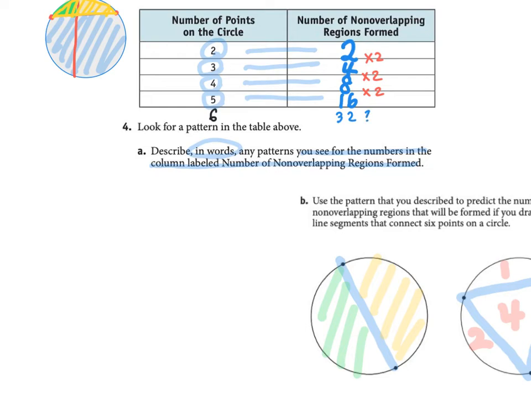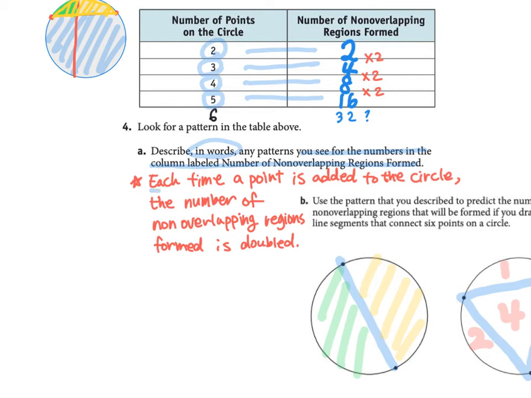So let's take care of the first part, how we can answer this. Yours might be a little different from mine. I'm just giving you an example. Each time a point is added to the circle, the number of non-overlapping regions formed is doubled.